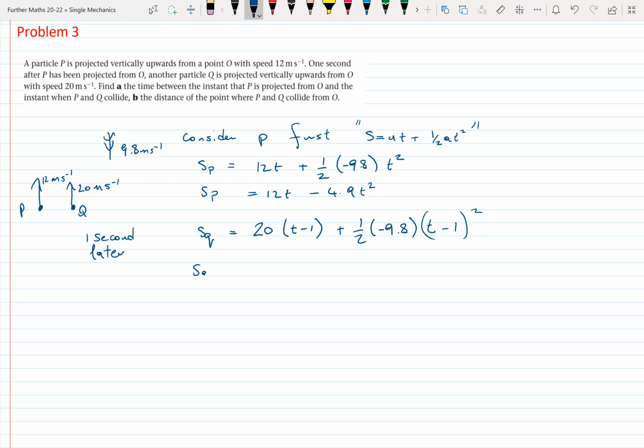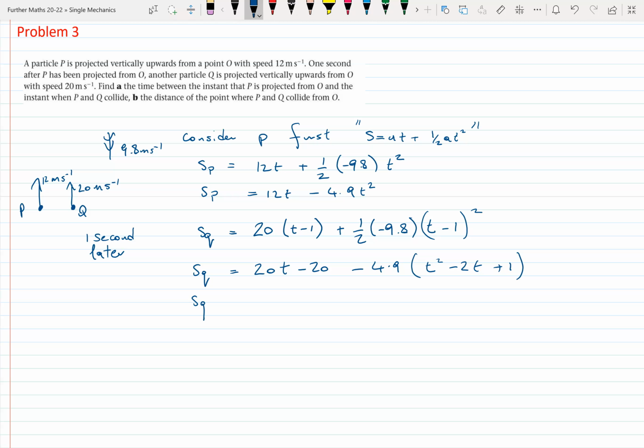So we've got SQ is equal to 20t minus 20 minus 4.9, and let's expand the brackets whilst we're at it, (t squared minus 2t plus 1).